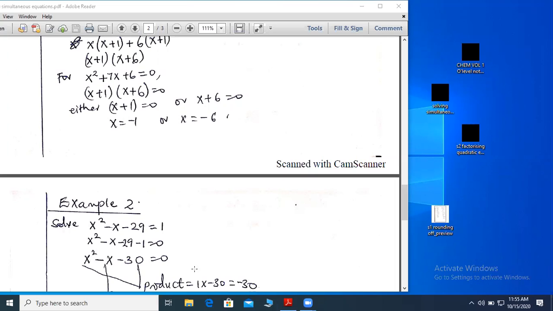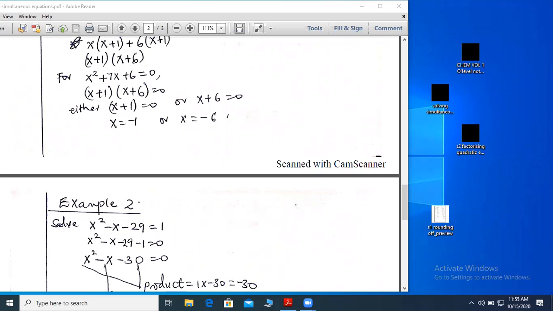You first write the factors of 30, like we have been doing, and remember one of the numbers should be a negative. If the product is negative, then one of the two numbers should be a negative.